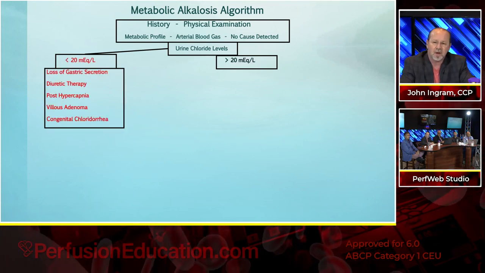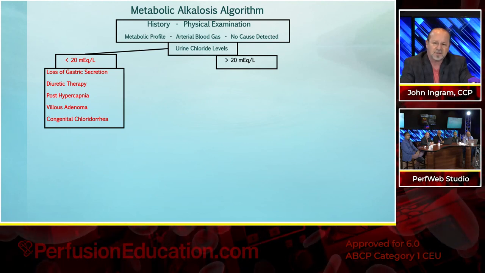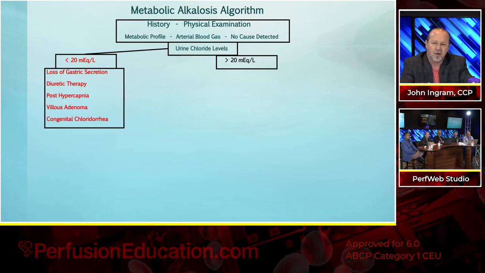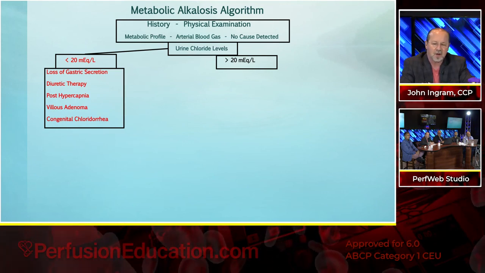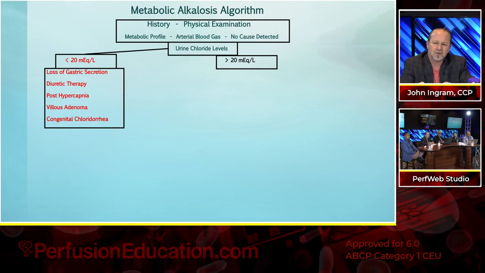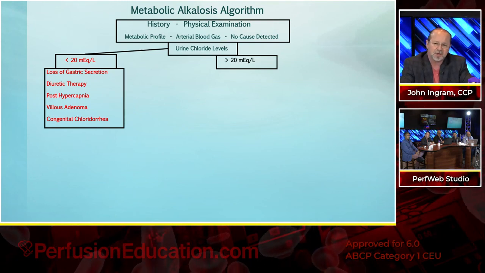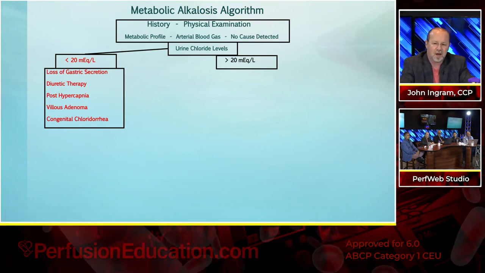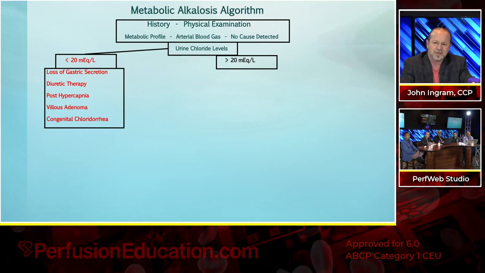On the less than 20, these should be the main things you would look at: loss of gastric secretion, diuretics, post-hypercapnia, villous adenoma, which is going to increase your aldosterone, and congenital chloridorrhea, which is really a birth defect. It's a congenital chloride-wasting diarrhea. These people have diarrhea all the time that depletes their chloride level.